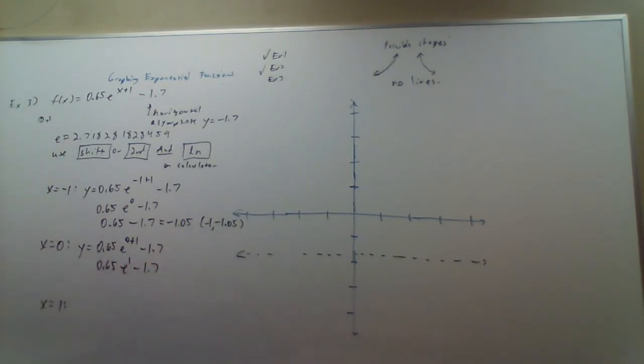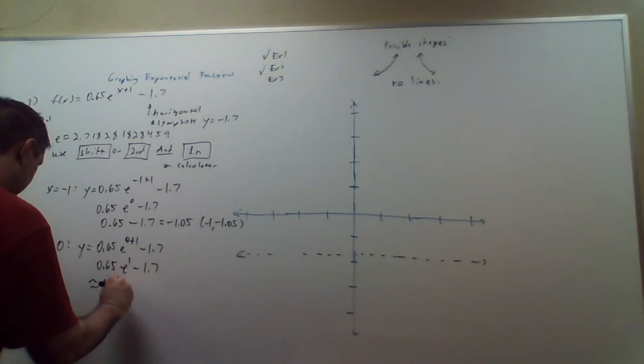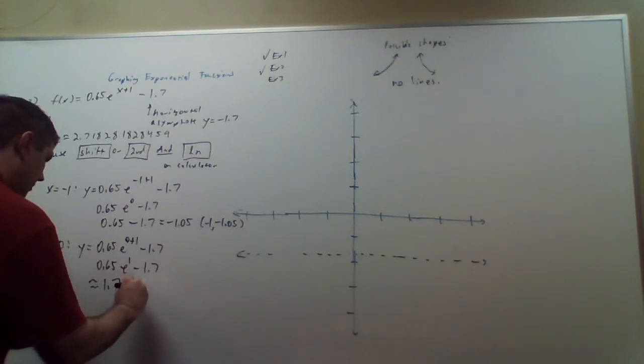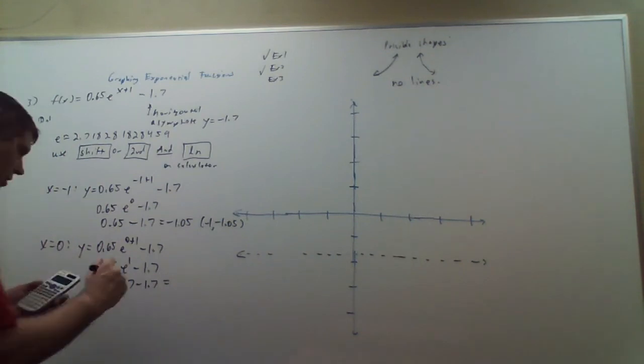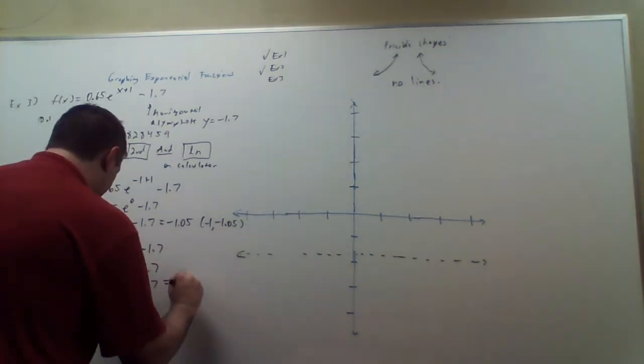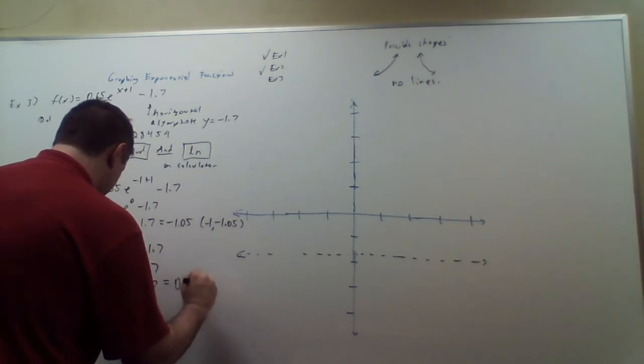So we'll take e to the first: shift ln, e to the first gives me a number that looks like that, then take it times 0.65. I got approximately 1.767 minus 1.7, that gave me 0.067.